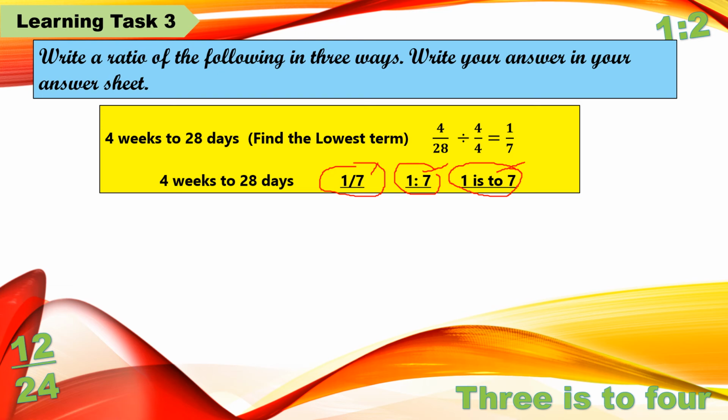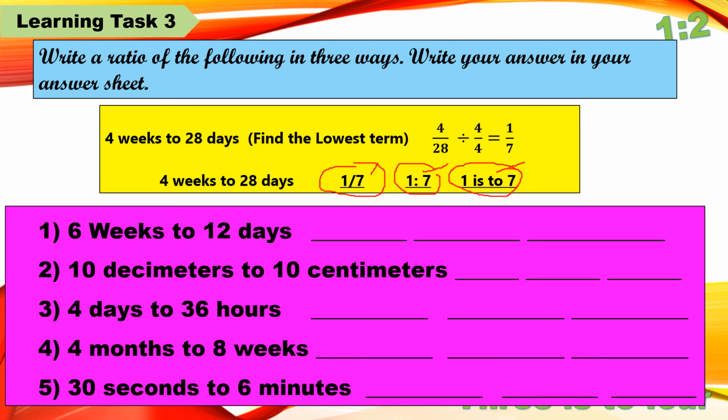Okay, so ready. Number 1, 6 weeks to 12 days. Number 2, 10 decimeters to 10 centimeters. Number 3, 4 days to 36 hours. Number 4, 4 months to 8 weeks. Number 5, 30 seconds to 6 minutes.